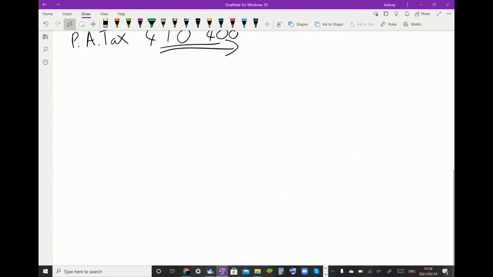Okay. So wages and salaries. What is that? It's an expense. Input VAT. What type of asset? Current asset. Well done. Okay. Output VAT. Yes, current liability. Insurance. Expense. Creditors control.